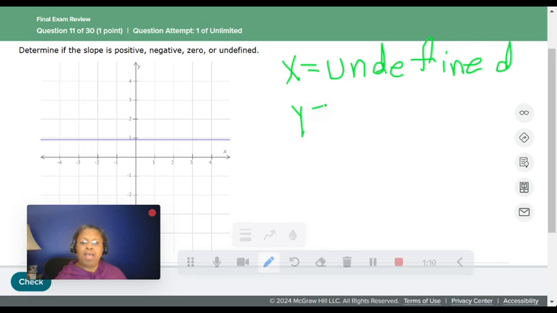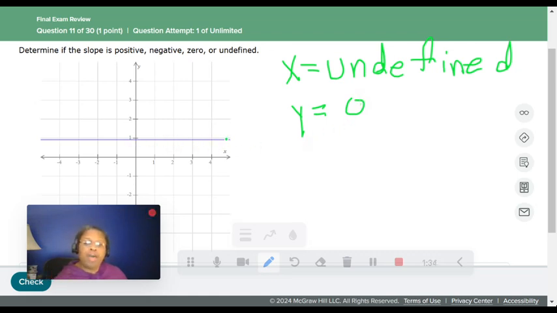So our y equals 0 because in finding the slope, if you remember the formula for a slope, our y values are on top, our x values are on the bottom. If we have 0 on the top, then we're going to have an answer of 0, a fraction with 0 on top of a fraction.